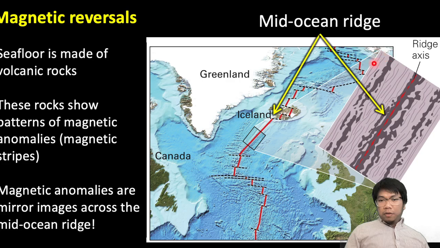So again, if we observe these darker bands right over here, and then we observe another thin darker band on the other side of the ridge axis, which is indicated by this dashed red line over here, you can see that these two darker bands are located at the same distance from the ridge axis. So that indicates that they likely formed at the same time. In fact, if we go towards the mid-ocean ridge, the seafloor actually gets younger and younger.